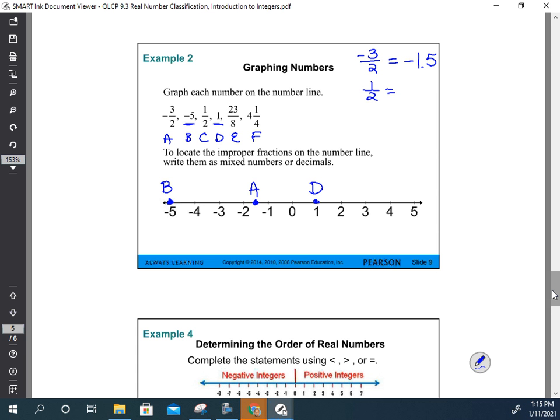One half is 0.5. Goes between 0 and 1. 23/8 is 2.875. So that's between 2 and 3. 4 1/4 is the same thing as 4.25. So it's a little bit past 4.